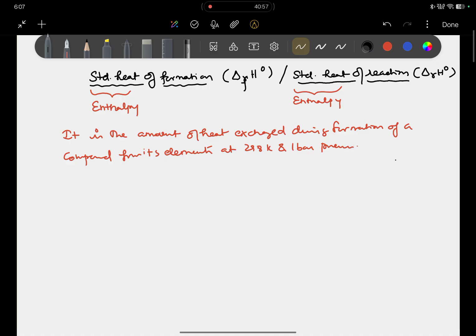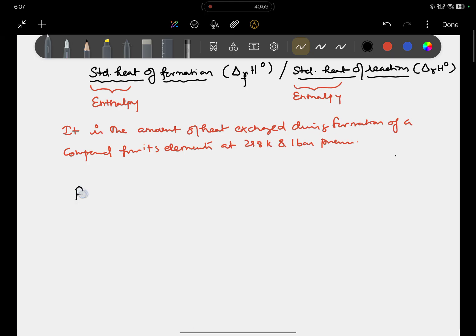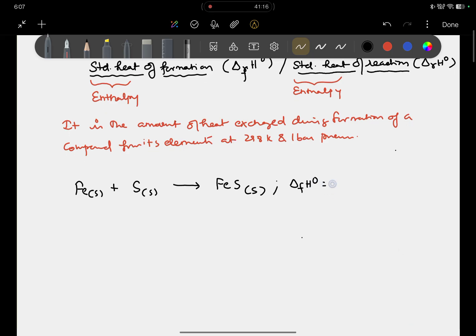So for example, you take iron solid plus sulfur solid gives you iron sulfide solid. So the enthalpy of formation of iron sulfide is minus 100.42 kilojoule per mole.